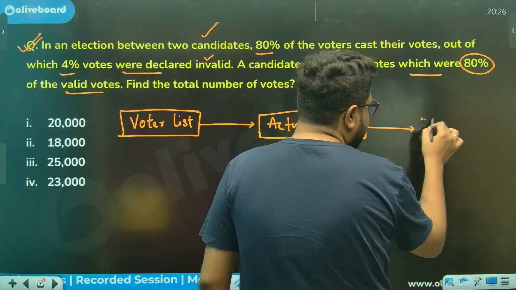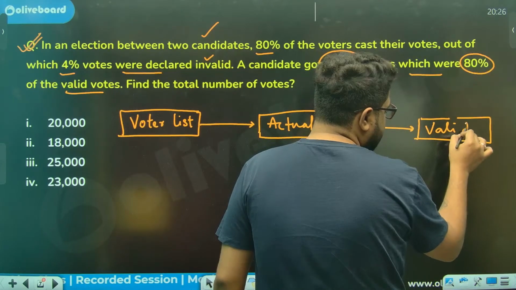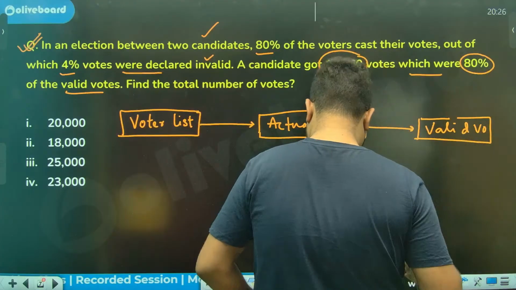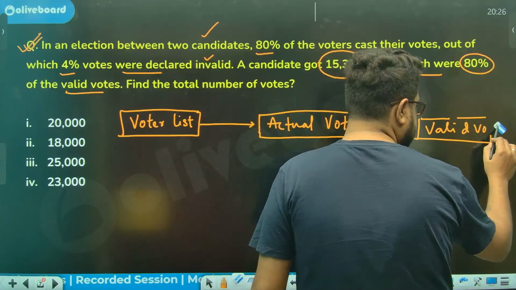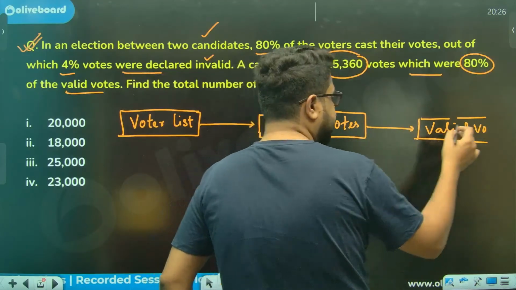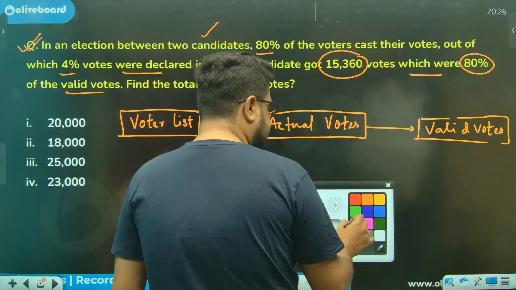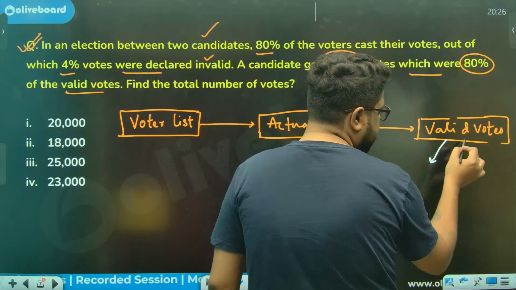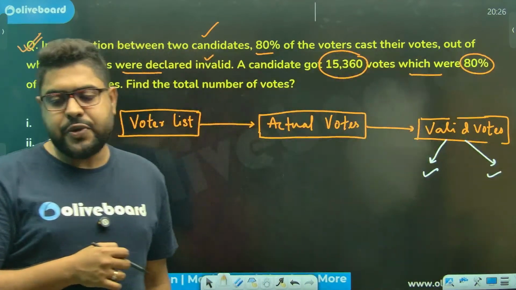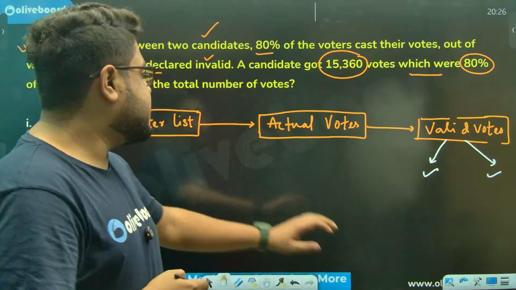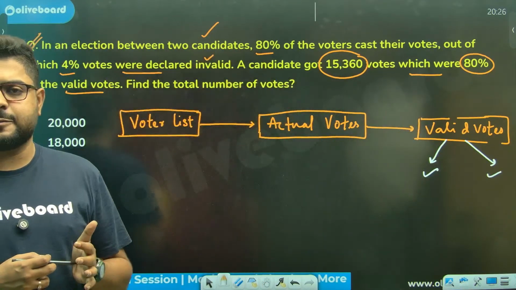So from there, we will get some valid votes. And remember, these valid votes always get distributed among candidates. This is the algorithm for any voting process.